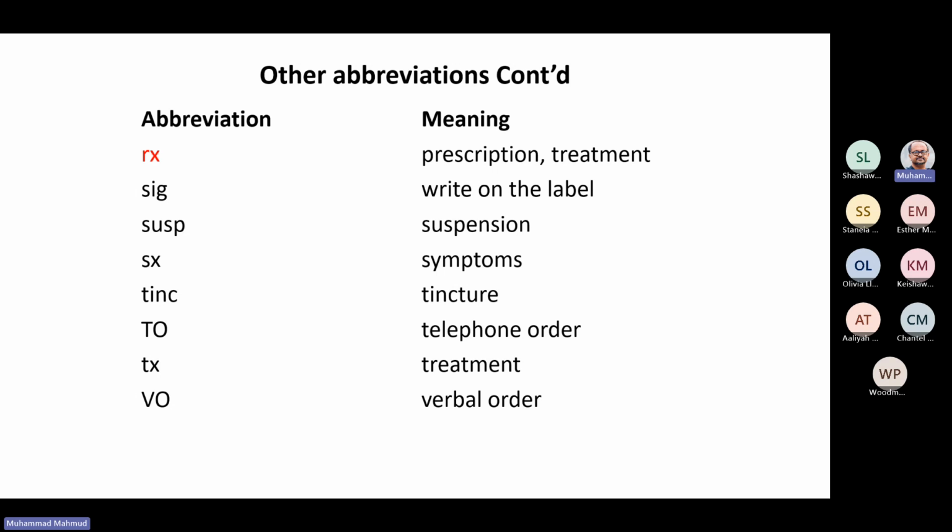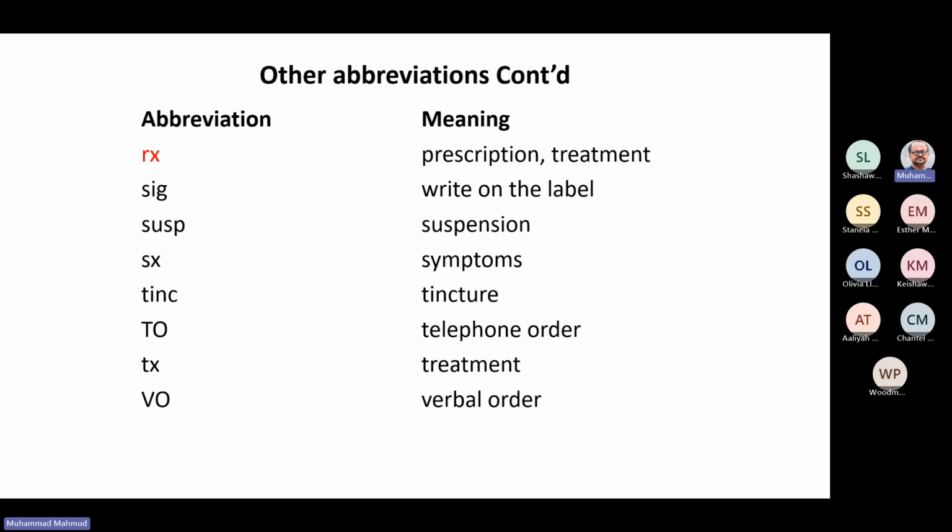You'll see that every prescription your provider writes starts with this symbol RX, which means take the, requesting the pharmacist to give this medication to the patient. Suspension, symptoms, tincture, telephone order, verbal order, treatment. Those are some other important abbreviations in this last slide.